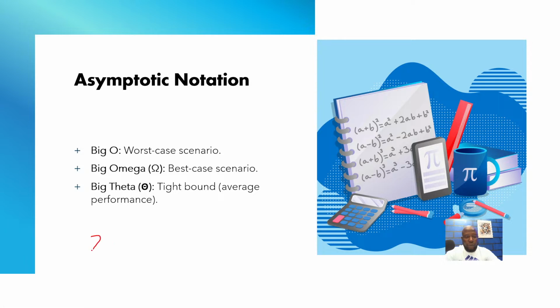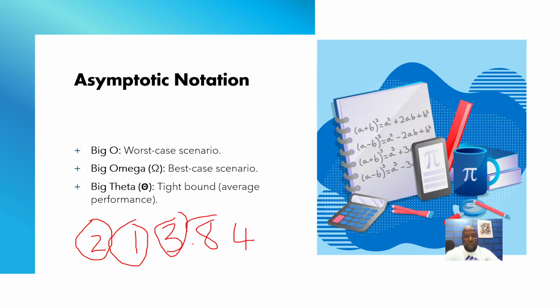You have 2 here, you have 1 here. You want to perform a search to locate 4, for instance. What will you do? First of all, you start from here. You check whether this one is 4. It is not 4. You check whether this one is 4. You check whether this one is 4. You check whether this one is 4. And then when you get to this place, this is 4, which means you have to perform 5 operations.